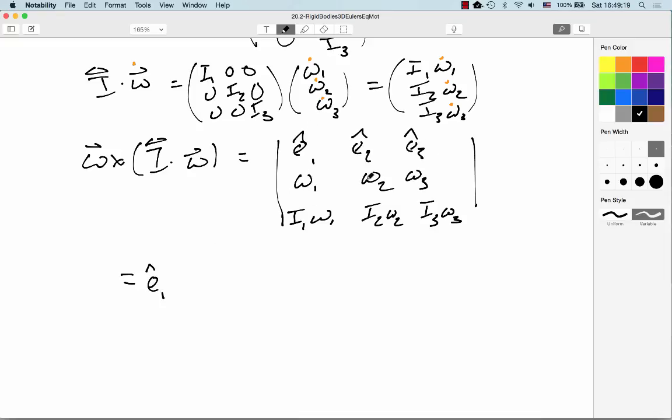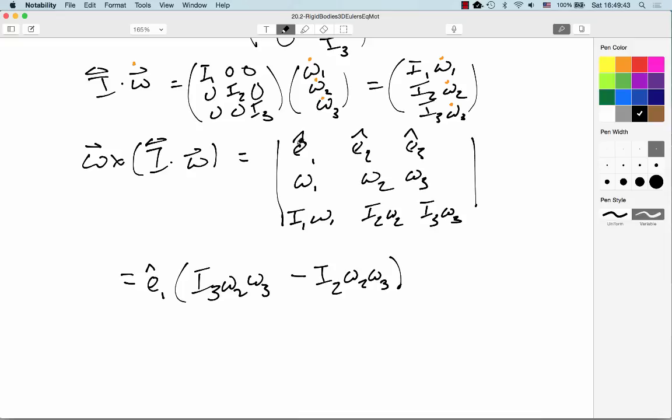So drop, drop, and do those. That's going to give me I3 omega 2 omega 3 minus I2 omega 2 omega 3. Then what I'll do is I'll just flip the minus sign later.